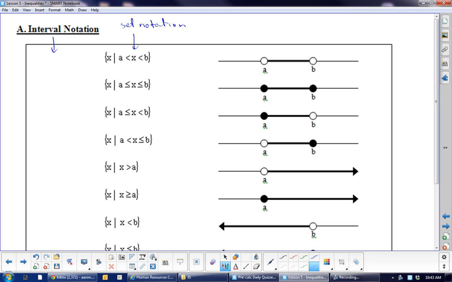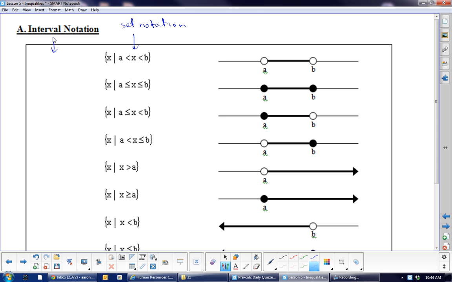Okay, Math 30 was always using set notation, and then the last couple of years in the diploma they just started using interval notation as well. So I always did some with my 30-1s, but now we're going to go into a bit more detail on how to use these when you actually have to solve a problem, especially when you're doing inequalities, which is what this is all about.